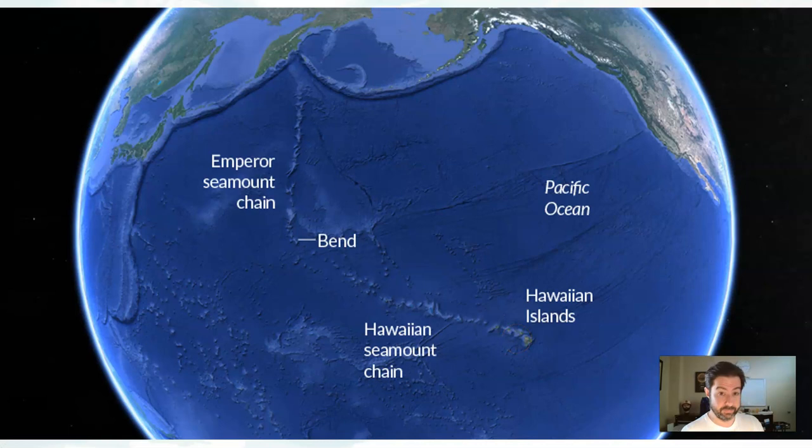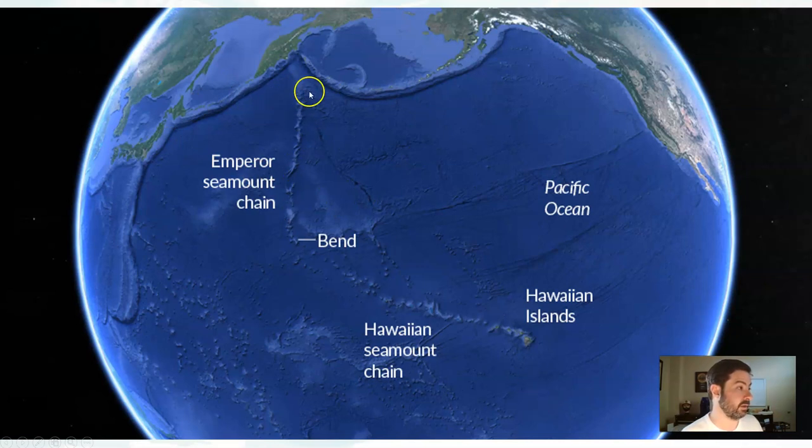But if you look at the seafloor, after mapping the seafloor, you can actually see a chain extending away from the Hawaiian Islands and then a bend of it all the way up. What this indicates is that while that mantle plume, that hot spot, stayed there, the Pacific Plate over time has moved over it. Not only has it moved over it, it actually changed direction.